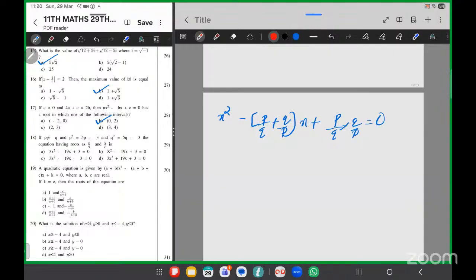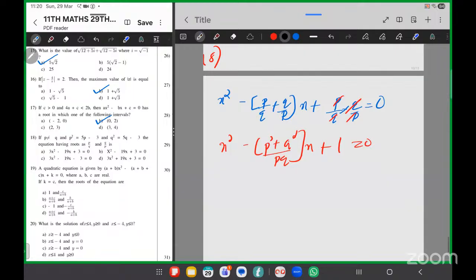This should be the equation: x square minus sum of roots into x plus product of roots equal to 0. So if you solve this, P and Q get cancelled. So x square minus (P square plus Q square by PQ) into x plus 1 equal to 0.